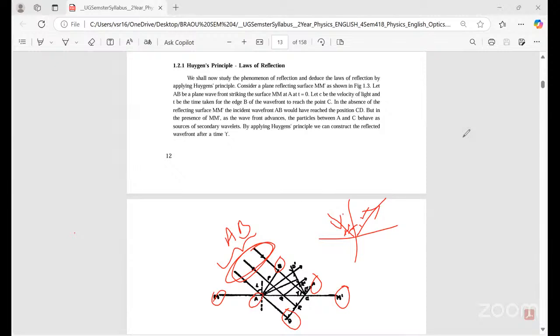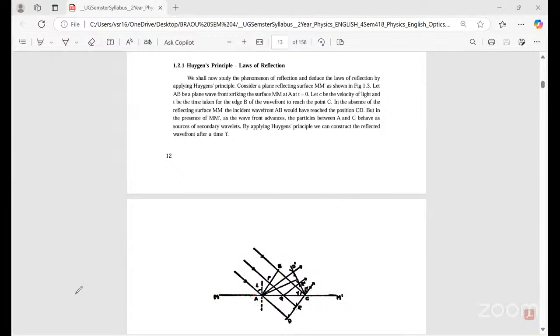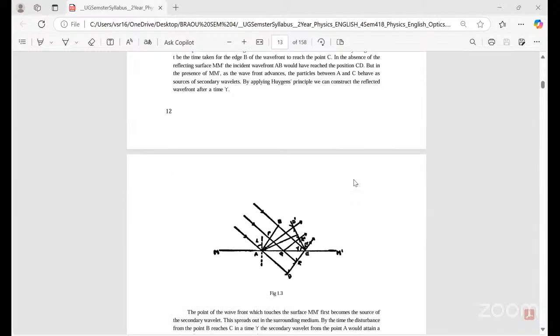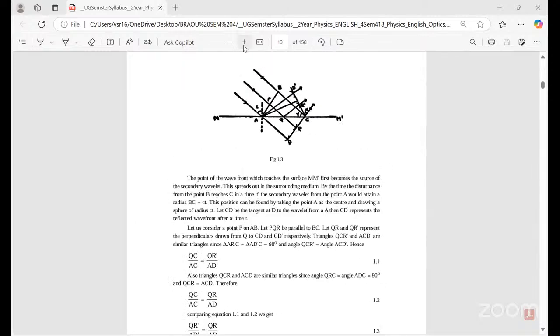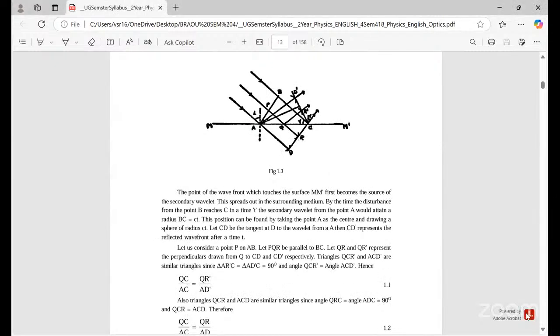If you apply the principle of Huygens wave theory, we can easily identify that the wavefront touching the surface MM dash becomes the source of secondary wavelets, spreading in all the surroundings of the medium.